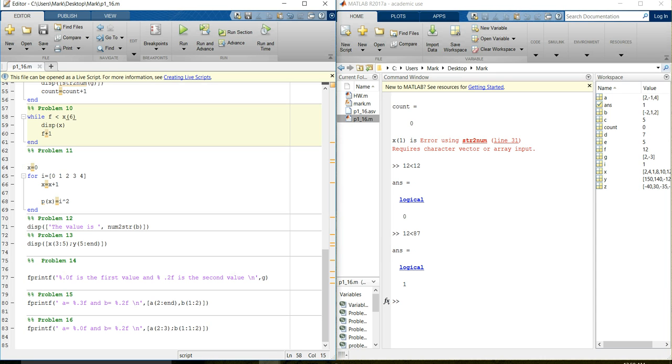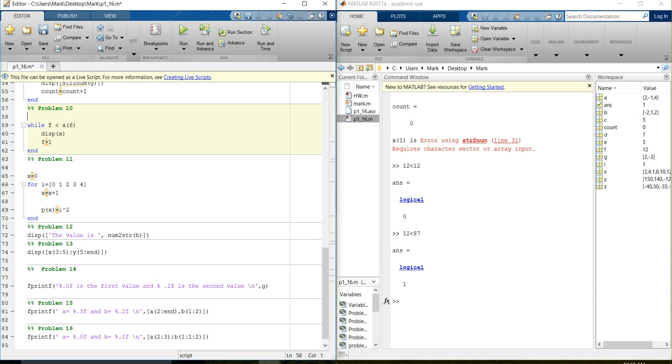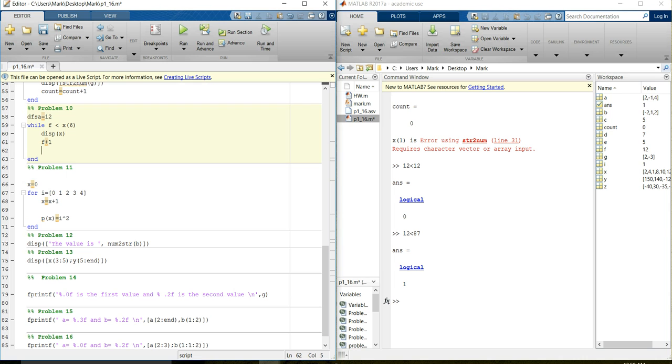I think a good way to check that is: x is equal to, oh no, don't use x. DFSA is equal to 12. If it goes through the loop, make DFSA equal to DFSA plus 1, so I'm adding 1 to that value.